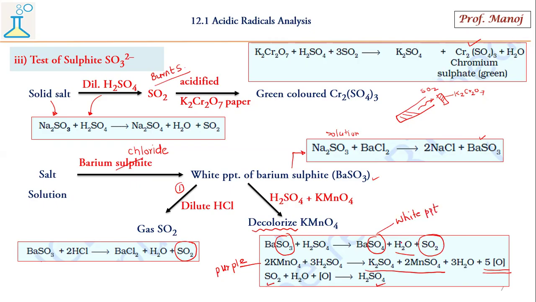The meaning is this way: from the first reaction you got two main compounds, barium sulfate and water, and SO2. In that, SO2's oxidation is done by purple colored KMnO4. That's why KMnO4 lost its color. Barium sulfate has no role in it. So our target compound is sulfur dioxide.